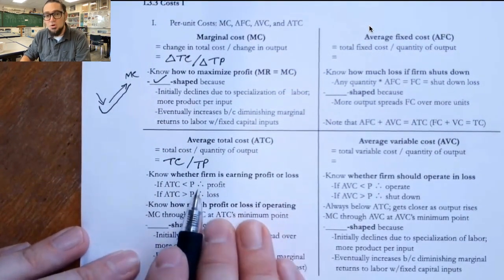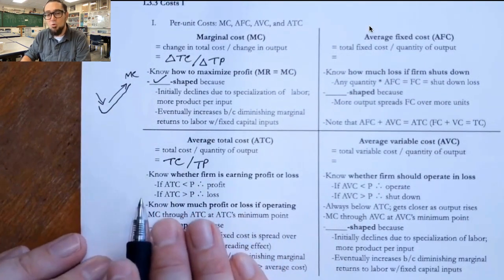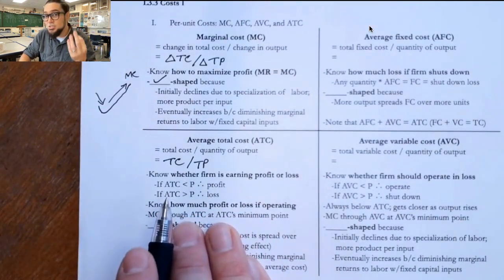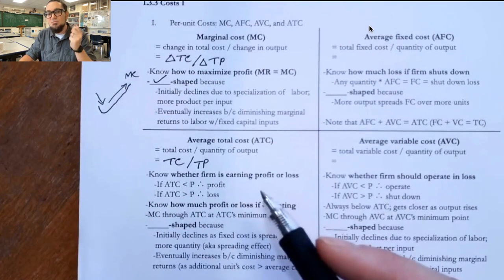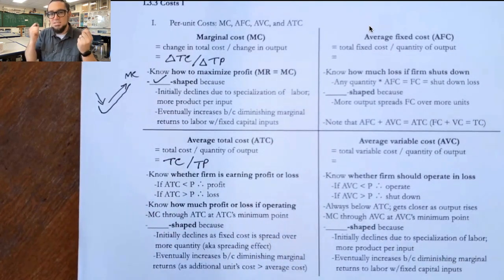The average total cost is going to be used at a specific quantity, like say quantity 22. You'd be able to compare what the average cost of a unit is to the price that you sold it at and know whether you're earning a profit or a loss. So for example, at the unit 22, if that's the number of units that we're producing, maybe the average cost of that unit was 58 cents.